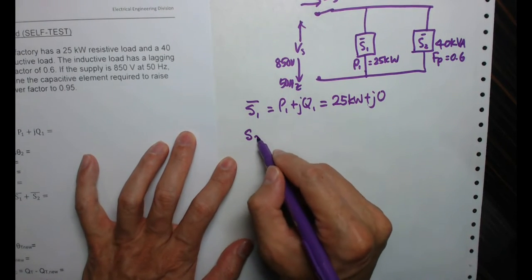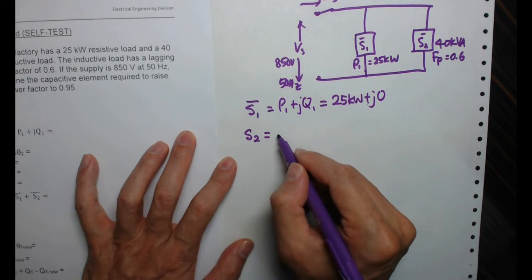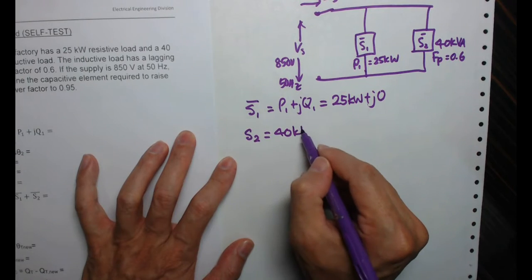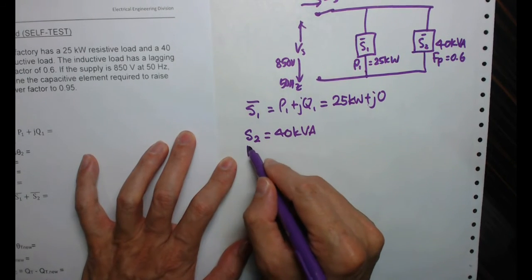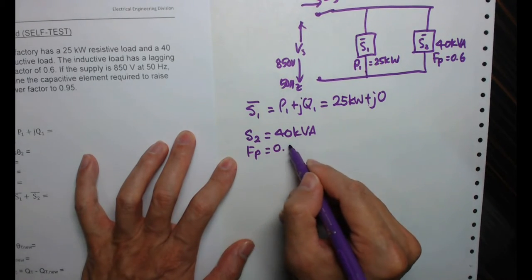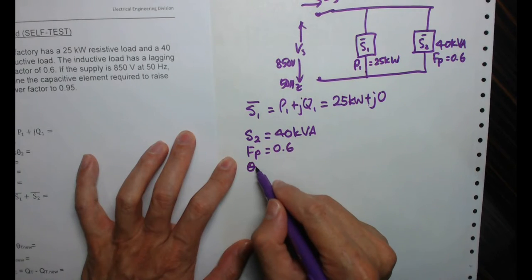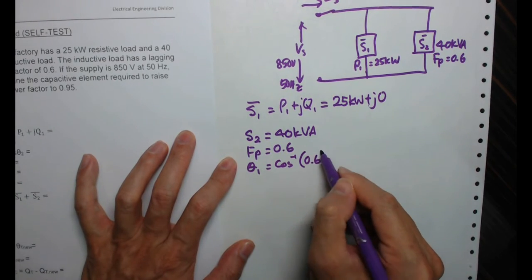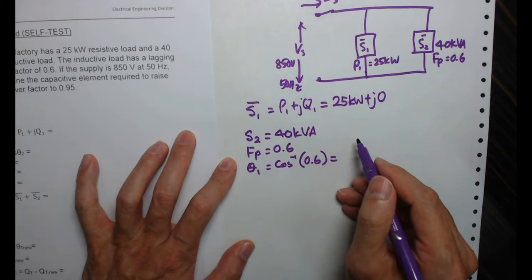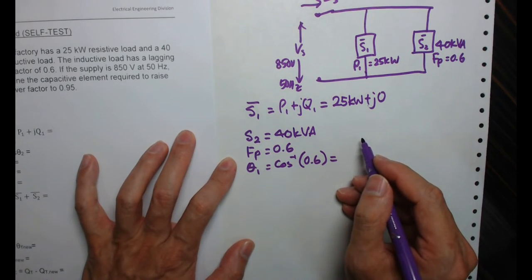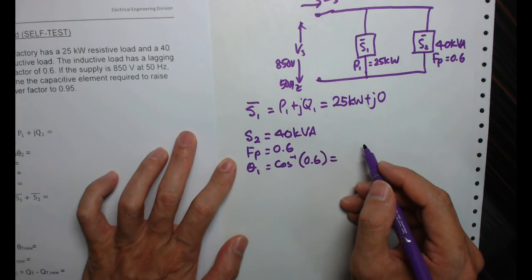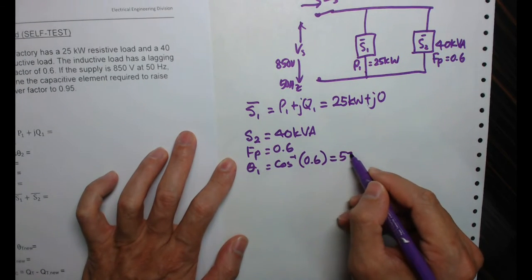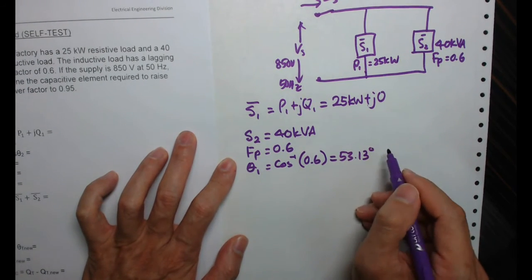Now S2 is given as 40 kVA. The power factor is 0.6, therefore the angle is cosine inverse of 0.6. That's 53.13 degrees.